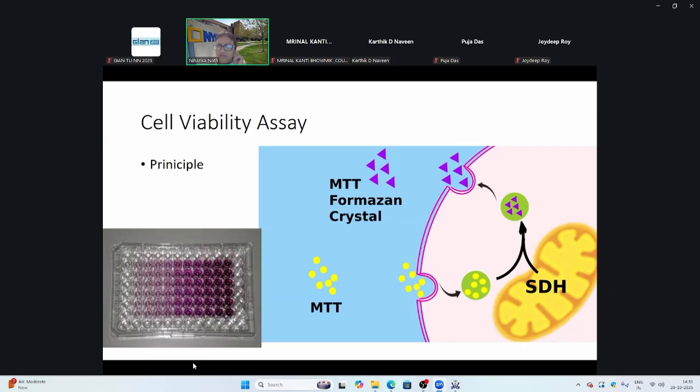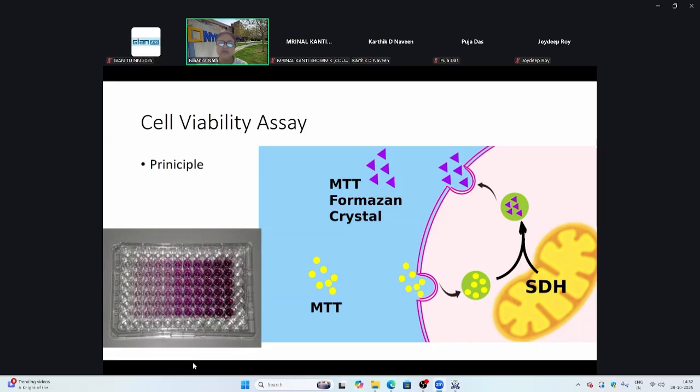They are given the right living conditions. If they are mammalian cells, you are giving them 37 degrees centigrade. You never keep them in cold or too hot. You are giving them all the nutrients, etc.